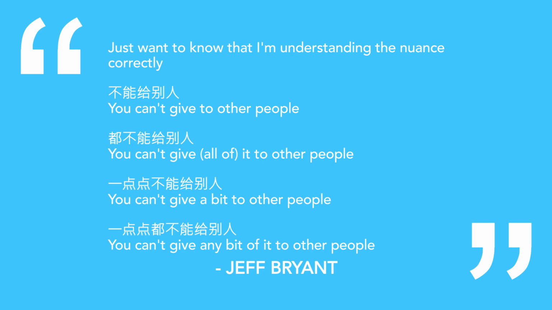So there's a few points I would make here. This isn't too far off, but let's make a couple of small nuanced distinctions. So 都不能给别人. Well, it depends on what you're talking about here. So for example, suppose I had a bunch of pencils sitting here, which are called 铅笔. So 这些铅笔都不能给别人.